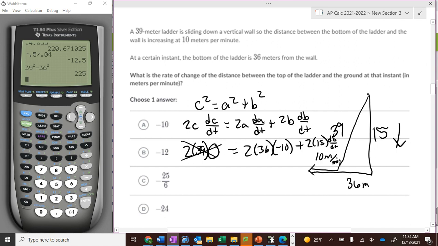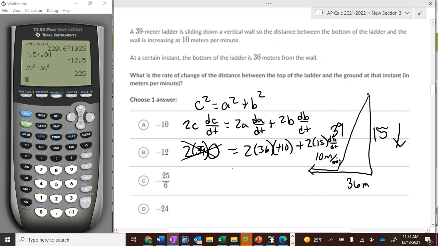I think it's positive, isn't it? The 15 decreases, so the negative sign switches. So let's make it positive then.